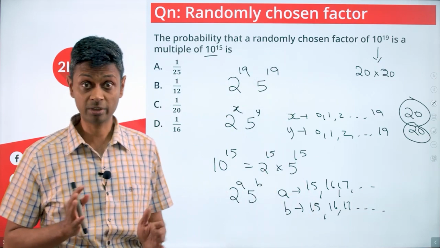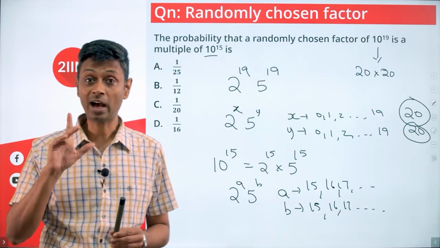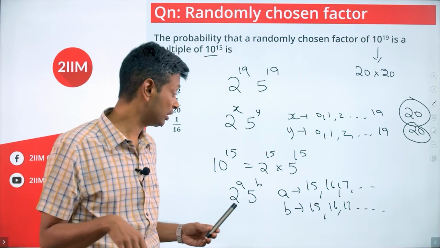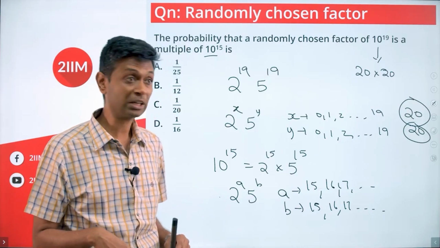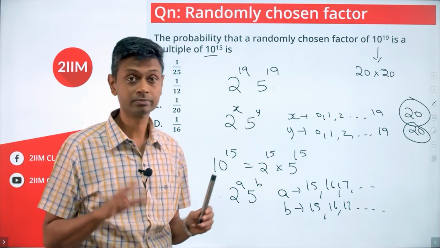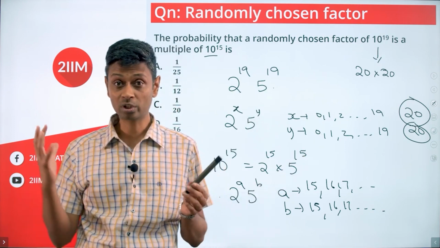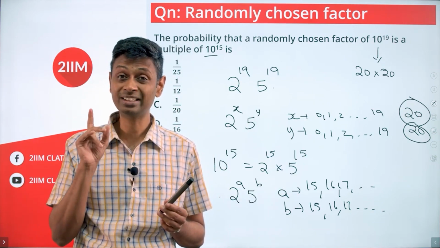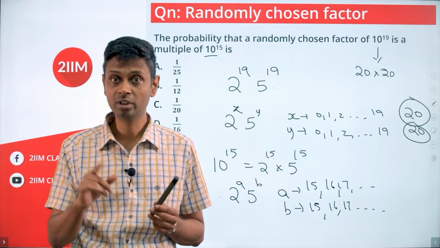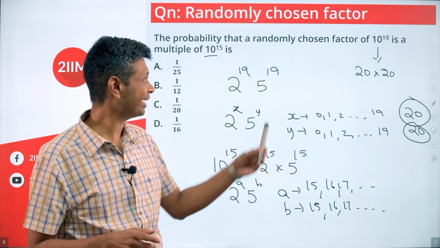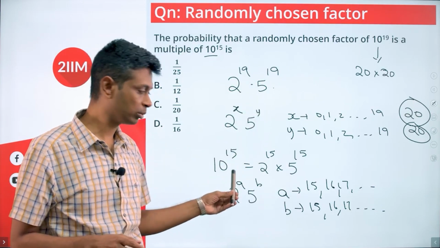Now comes the most interesting part. We want our number to not only be a multiple of this, but also be a factor of this. Totally there are 400 factors of this. Within that 400, we are thinking about the set of possible numbers which will not only happen to be a factor of this, but also a multiple of this.